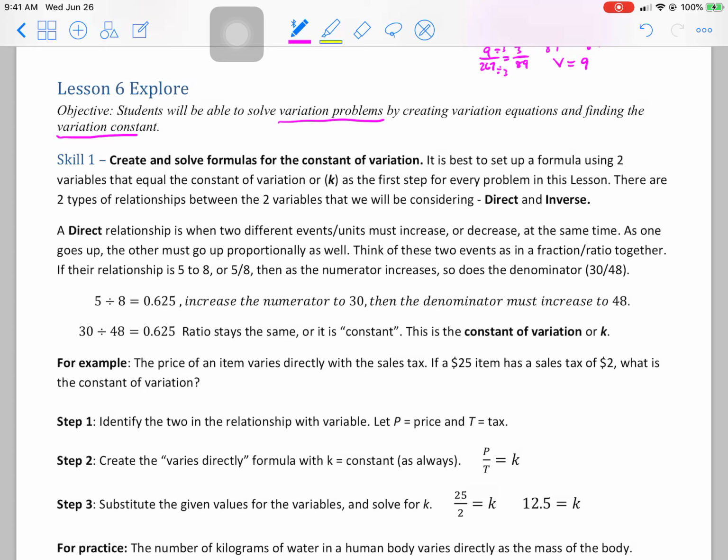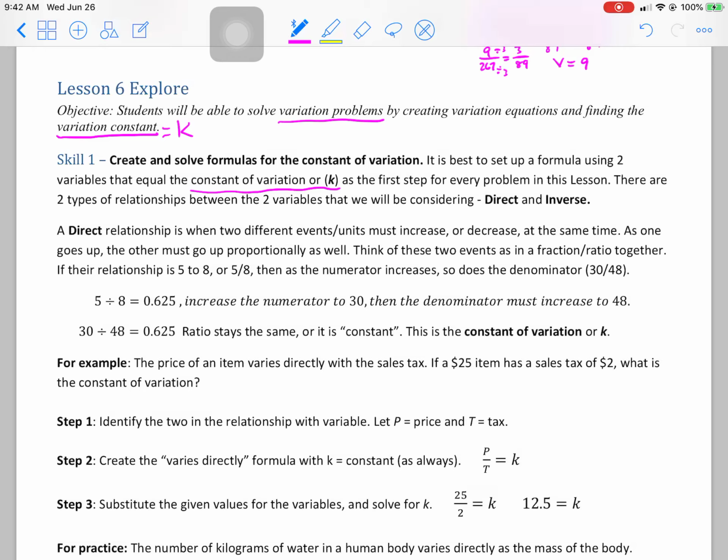The important part is the variation constant, which is represented by the letter K. Okay, variation of constant, or K. Skill 1, create and solve formulas for the constant of the variation. It is best to set up the formula using two variables that equal K. Okay? That's the first step of every problem in this lesson. Find K.